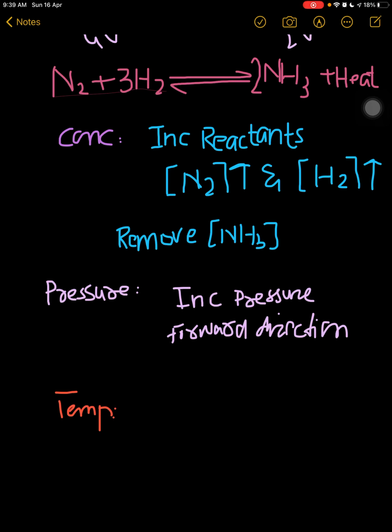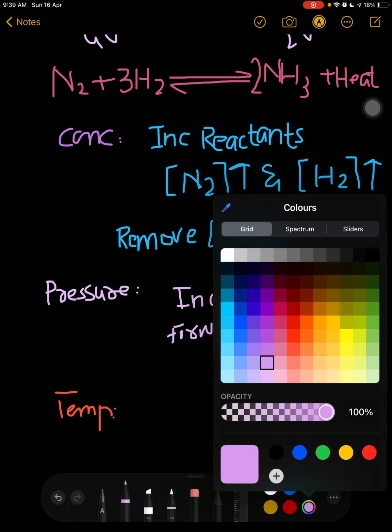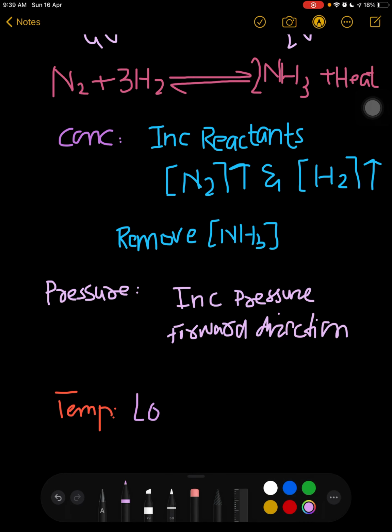So if we lower the temperature, then this can proceed. The temperature must be low, because when the temperature is low, the reaction will proceed towards the side where it is exothermic, and exothermic is towards the forward. So if we give low temperature, then the reaction will proceed in the forward direction, right?